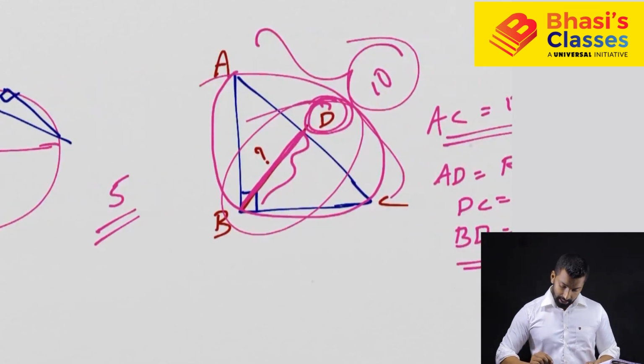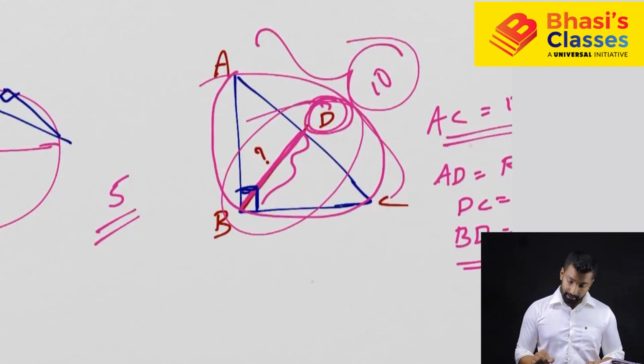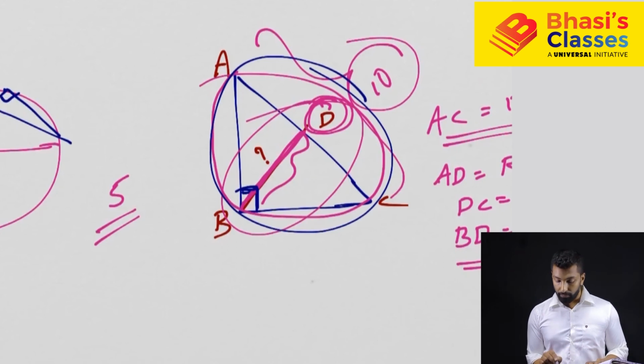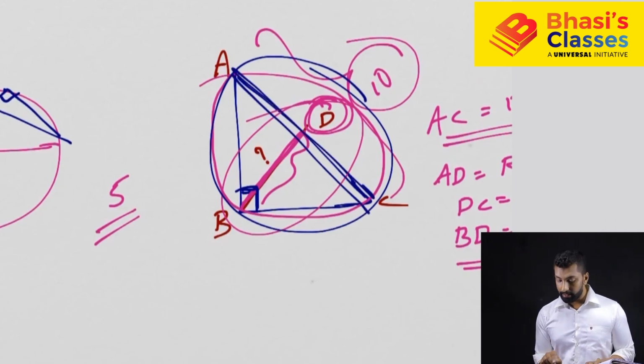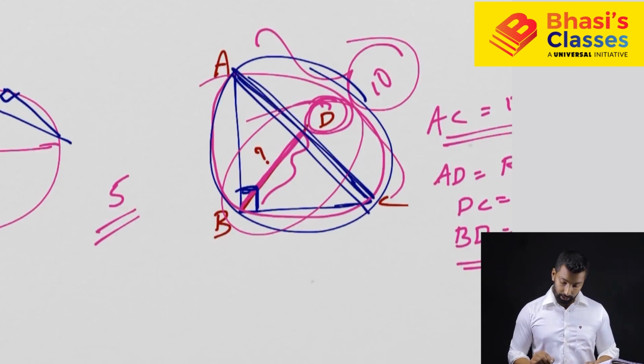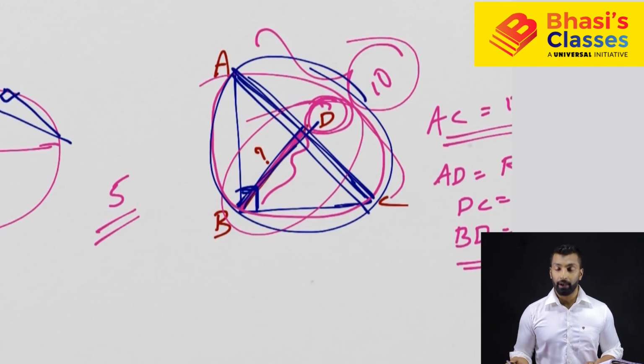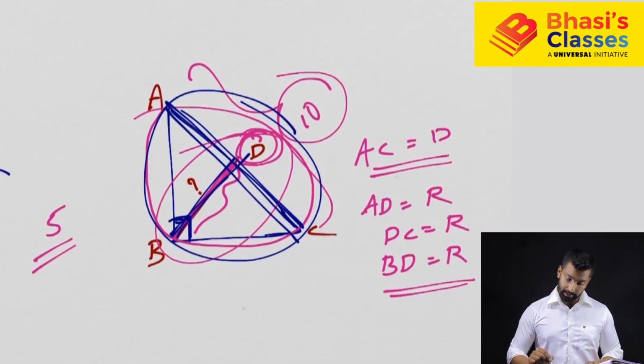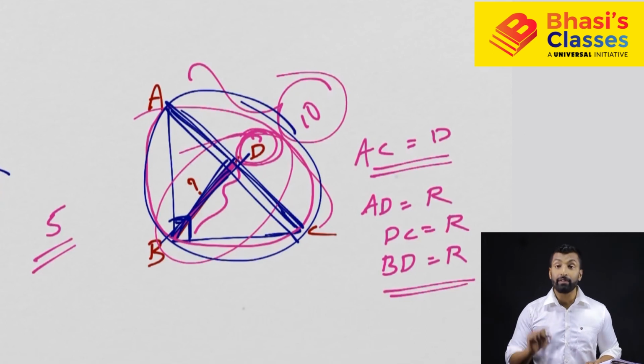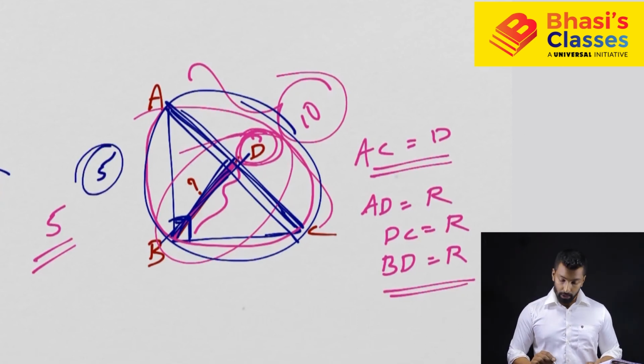So if this is 90 and you are drawing a circumcircle, obviously this hypotenuse will be the diameter, so BD is going to be half of it. If the question asks for BD, the answer is 5. They can also ask what the radius is if you draw a circumcircle, and then also the answer is 5.